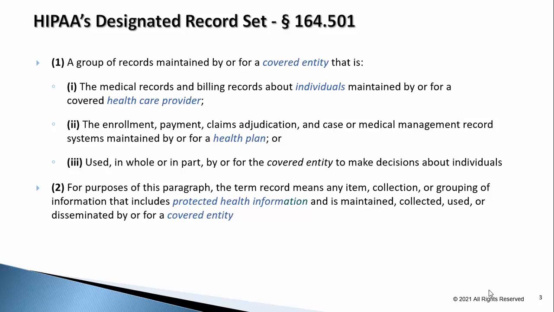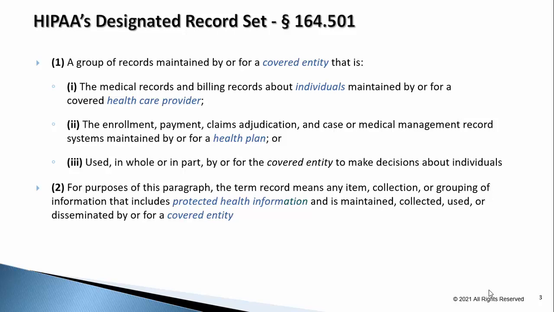That means paper records, electronic records. As long as they're in a record system or are kept as a record, they will be a part of the record set, and certain of those record sets at a covered entity or a health plan would be part of a designated record set.